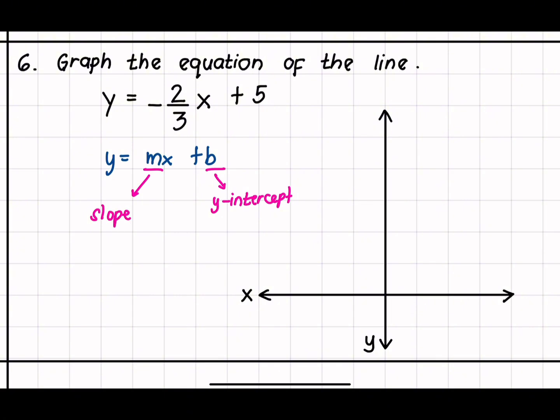So the y-intercept is our starting point. So if we're going to graph this, our starting point or y-intercept is 5 and our slope is negative 2/3.